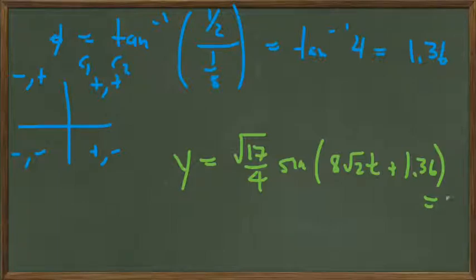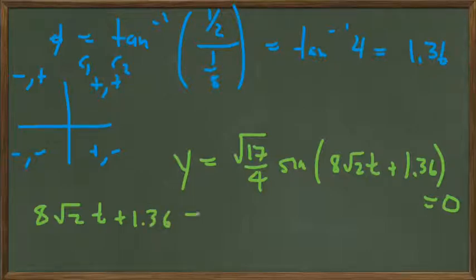Well, that's when this solution equals 0. The sine equals 0 whenever the angle that we put in, 8 square roots of 2 t plus 1.36, is a multiple of pi. And the first multiple of pi would be when n equals 1.